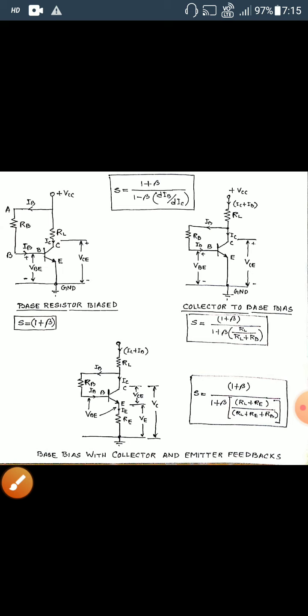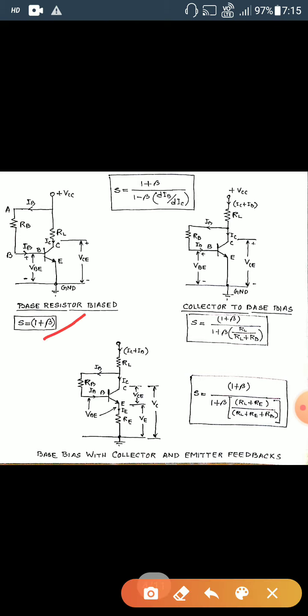For each one, the stability factor is also calculated. For the base resistor method, the stability factor is 1 plus beta, and for the collector to base bias, the stability factor is 1 plus beta by 1 plus beta RL by RL plus RB. So this is improving here.